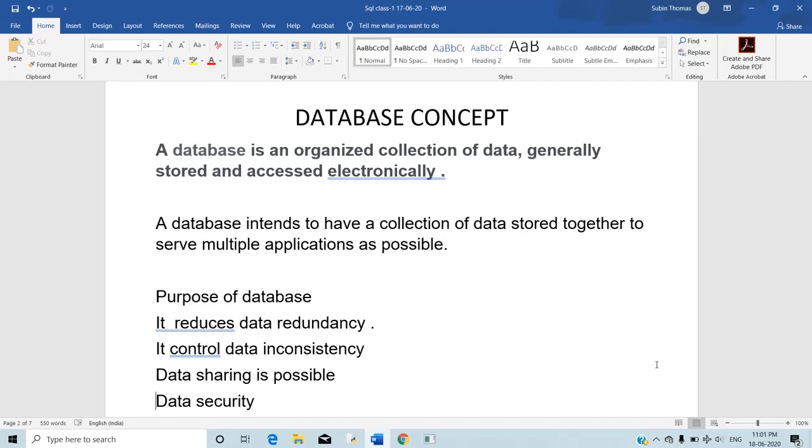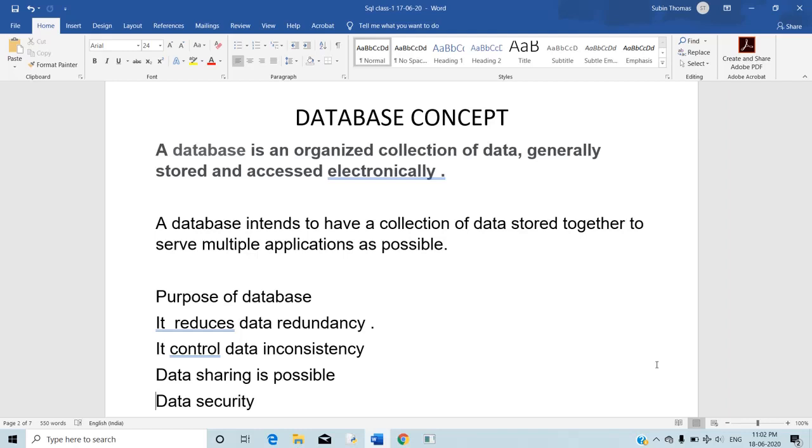The second main purpose of a database is that it controls data inconsistency. If your database does not have data redundancy, that means data duplication is not there, then automatically data inconsistency will also be controlled.